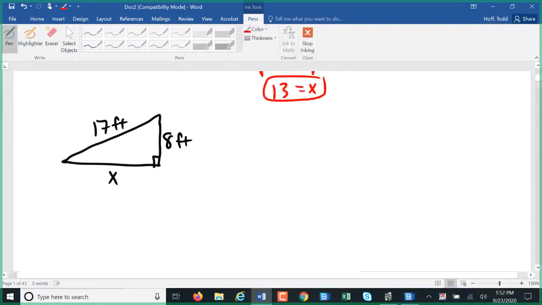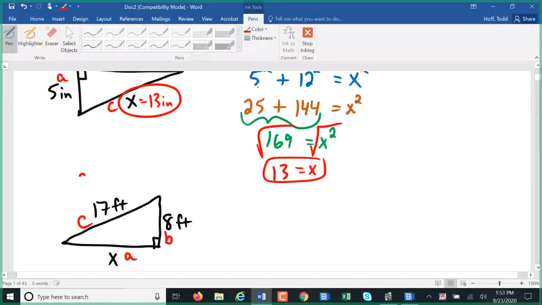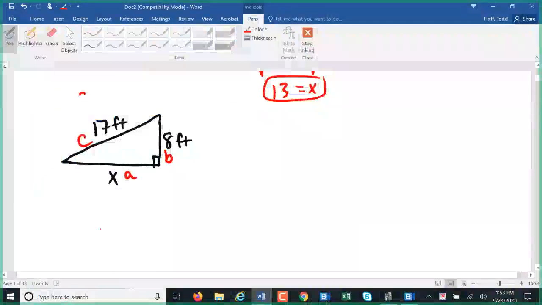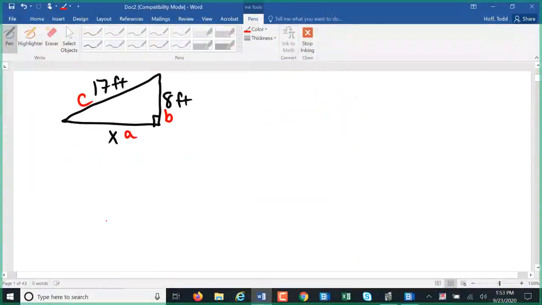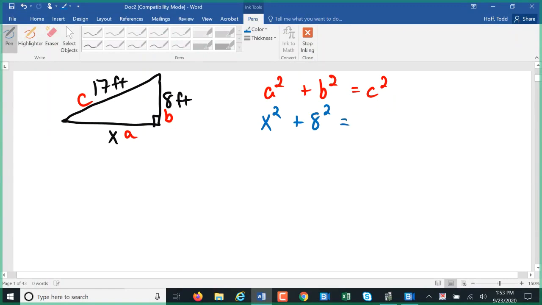So I'm going to call my missing leg A, my other leg side B, and my hypotenuse is still side C. So we have A squared plus B squared equals C squared. And we'll fill in our numbers. A is going to be the missing side X, that's X squared, plus B is 8, so that's 8 squared, equals C is 17, so that is 17 squared.